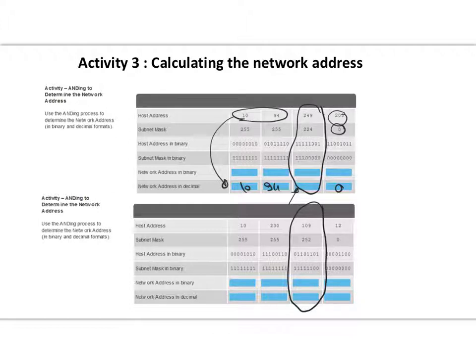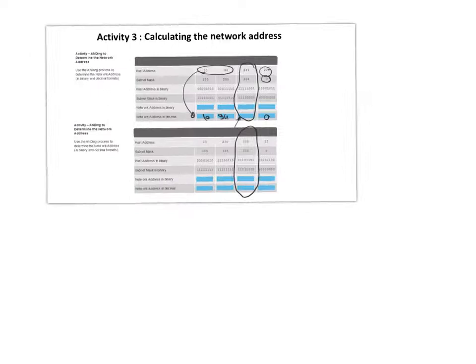Okay, so now this byte seems to be a bit tricky because it's not 255. The mask is not 255. It's 224. Okay. Think about these numbers very carefully. There are a set of numbers which sometimes they call anchor numbers, they call them magic numbers, they call them whatever. The most important thing is that these numbers have to be in your mind as a decimal representation and binary representation.